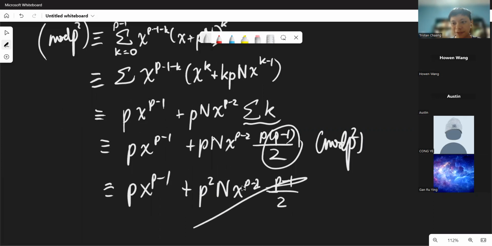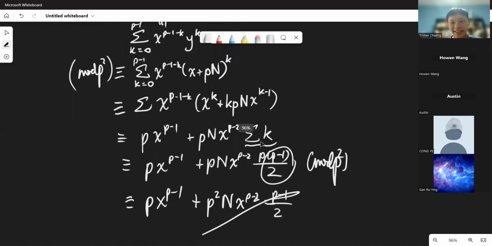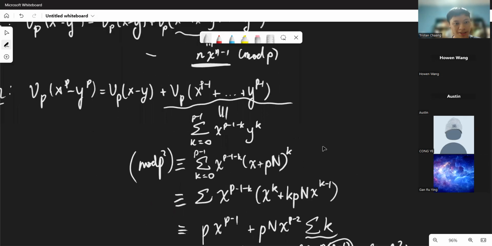And that's lucky for us, because we introduced this capital N. We didn't know anything about capital N, but luckily that term will just cancel off anyway. So this whole thing is equal to p times x to the p minus 1 mod p squared. But this is not divisible by p squared, because, well, it is divisible by p, but it's not divisible by p squared, because x is not divisible by p. And hence, the Vp of this is 1.